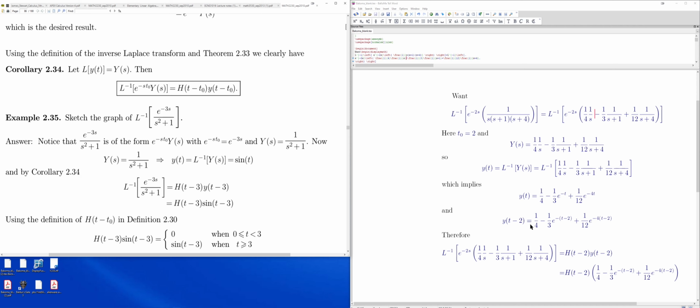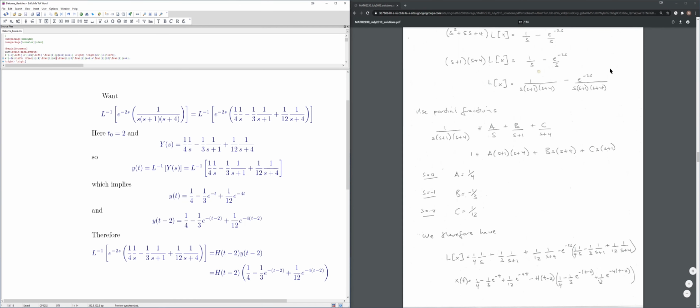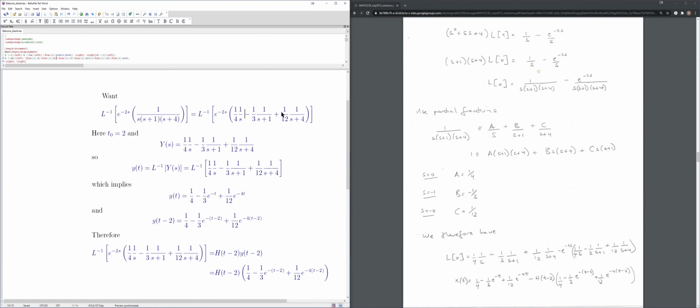So the Laplace inverse of what I want, the exponential on the s plus 1, s plus 4, is equal to this, which is equal to H of t minus 2 times y of t minus 2. And I figured out what the y of t minus 2 is.